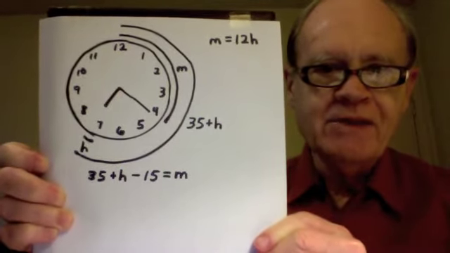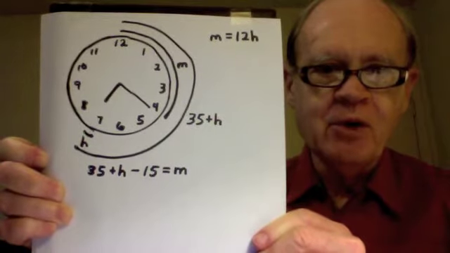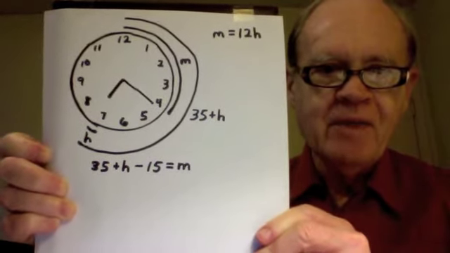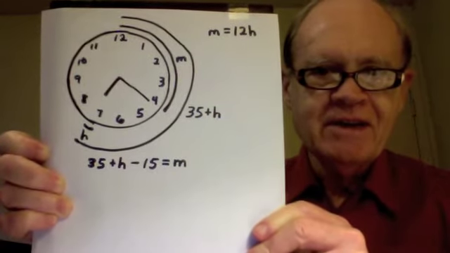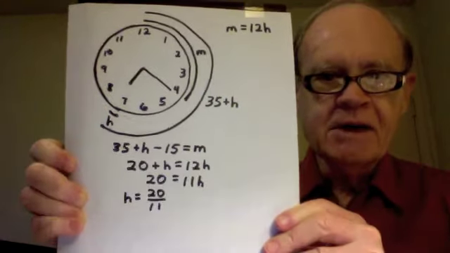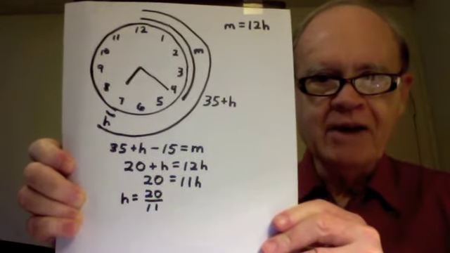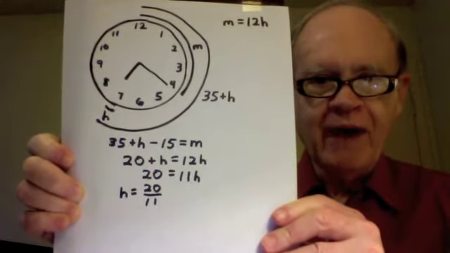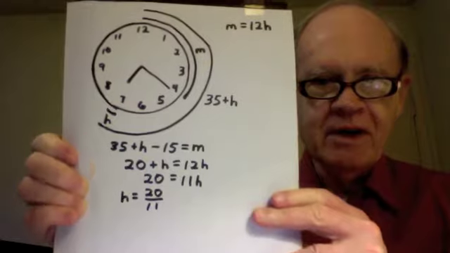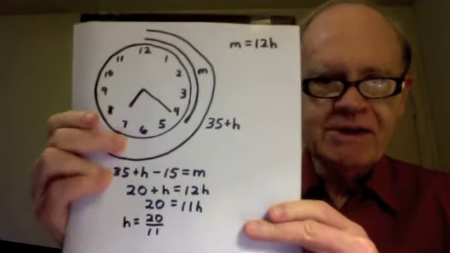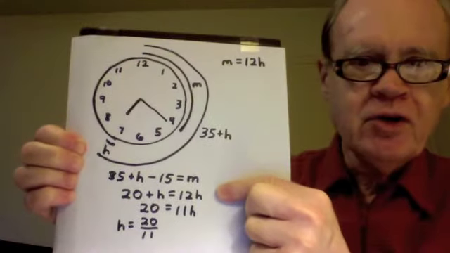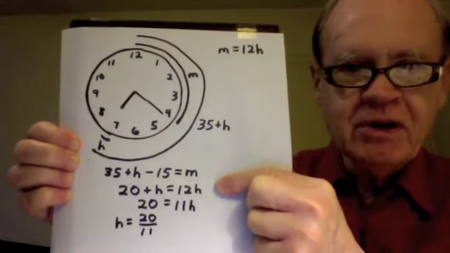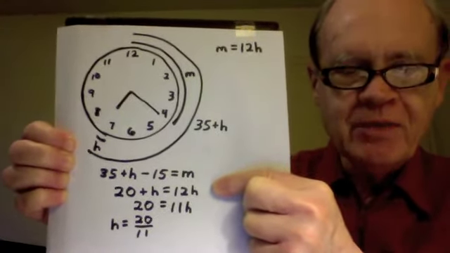Well, it is 15 minutes more than M. So 35 plus H minus 15 equals M. Simplifying that equation and substituting 12H in place of M gives us this equation, 20 plus H equals 12H.